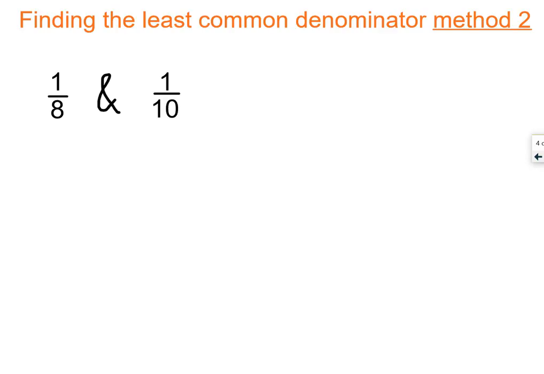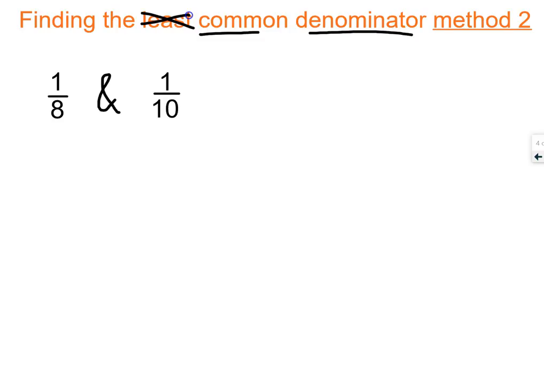Method 2 would not be to find the least common denominator. Rather, it would just be to find a common denominator. Now, this can seem a little easier for some students. However, as you get older and a little less motivated to do more work, you may find this to be an easier method.